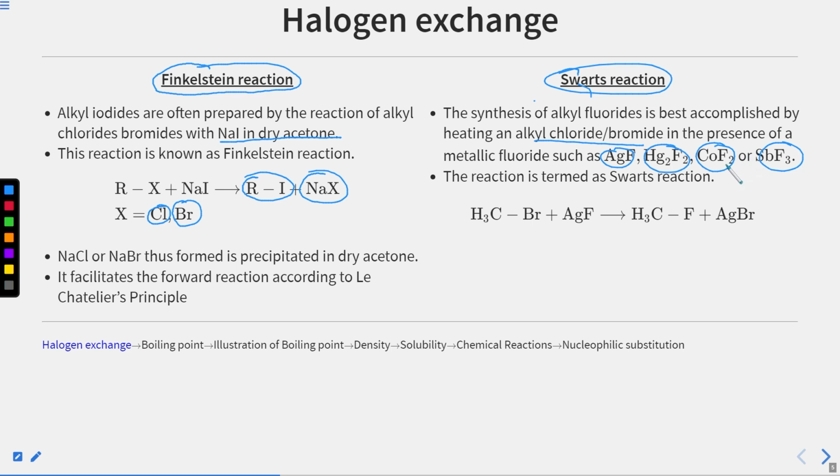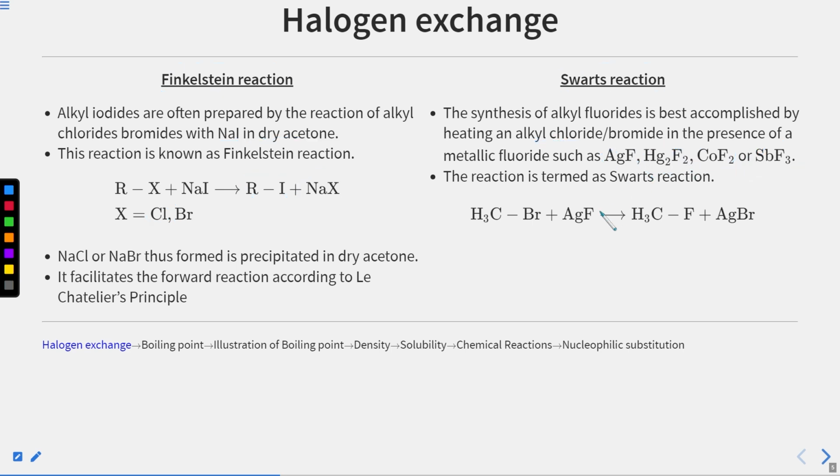I want to make a point here: students try to remember all of these reagents. Suppose you have just remembered one equation, and in the exam you get a different reagent in its place. Then students get confused and say this is out of syllabus. Do not get confused in that way. It is within your syllabus.